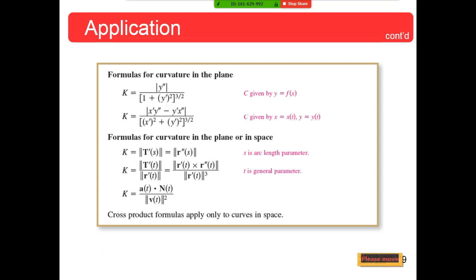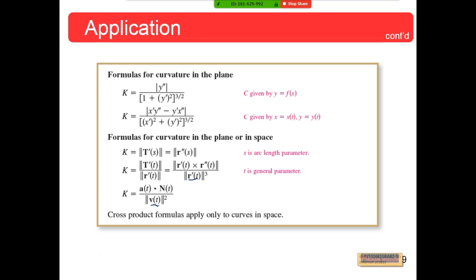Okay? Or, the other way is a of t dot product with the N of t over the magnitude of v of t squared. Now, for the life of me, I don't know why they went from r primes to v's. Those are the same thing. But I guess if they have the acceleration vector, they'll do.